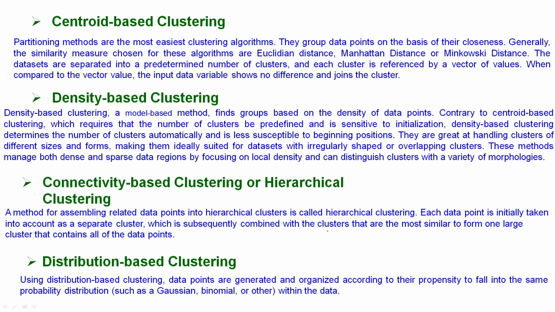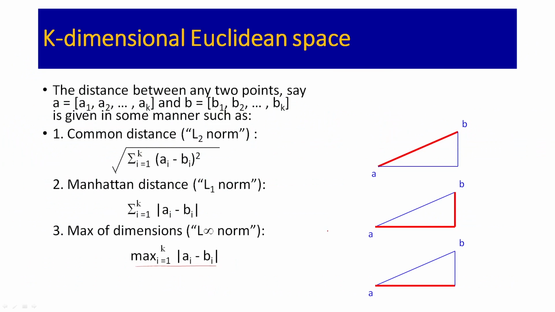Distribution based is a very simple mention: it can be based on a certain probability distribution function like Gaussian, binomial, or any other distribution within the data points. And distances, I will not talk much. This is your Euclidean distance, this is your Manhattan distance, this is your max distance or L infinity norm distance, whatever you want to use, depending on your category of data.